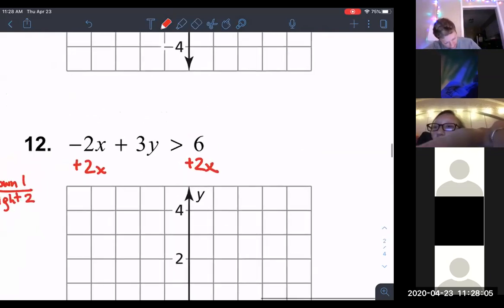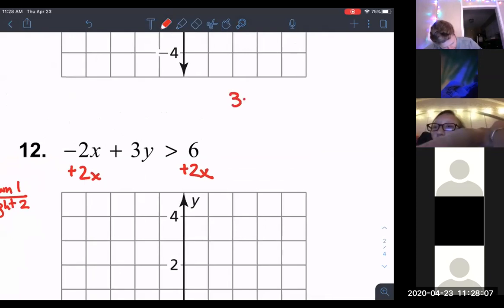But anyway, okay. So I'll bring it up here. 3y is greater than 2x plus 6. I always slide that x term in front of the constant, just because that's what we're used to seeing. They're both positive, so we add 2x plus 6. And then we have to divide everything by 3. We're dividing by a positive again, so we don't have to flip the inequality sign, but that is something you have to remember and think about.